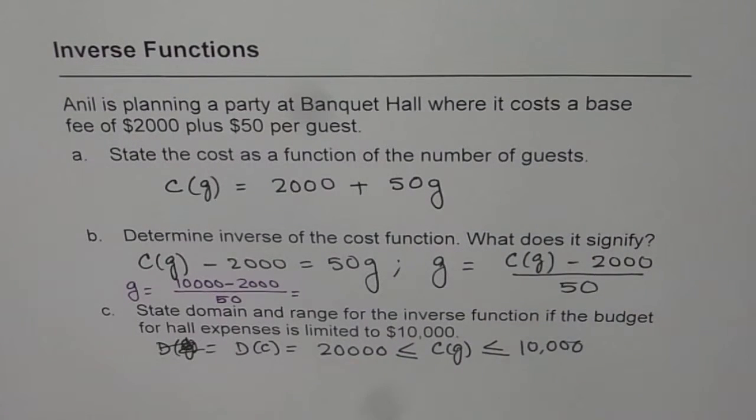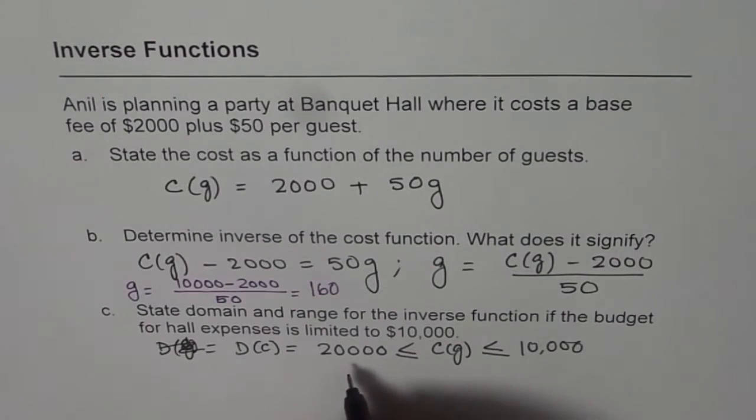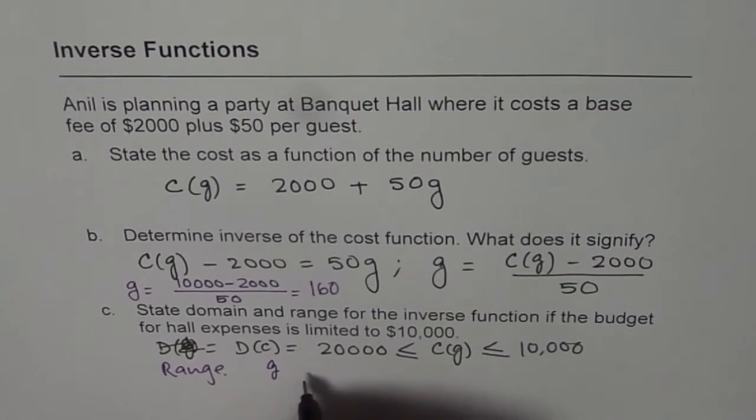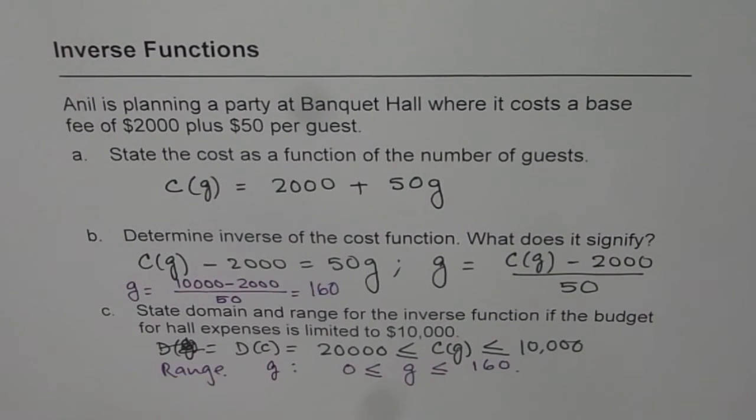Which is 160. And therefore, the range is the number of guests, correct? So range is from 0 guests to 160 guests. So that is the answer for this particular question.